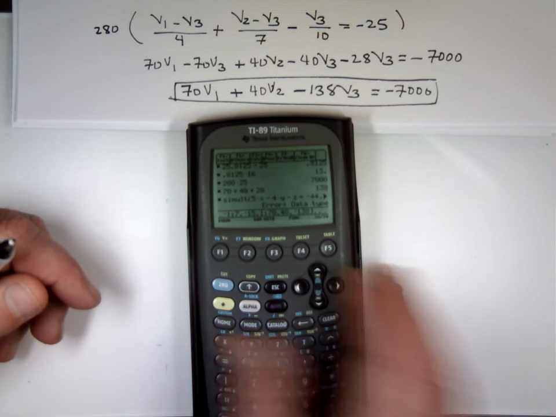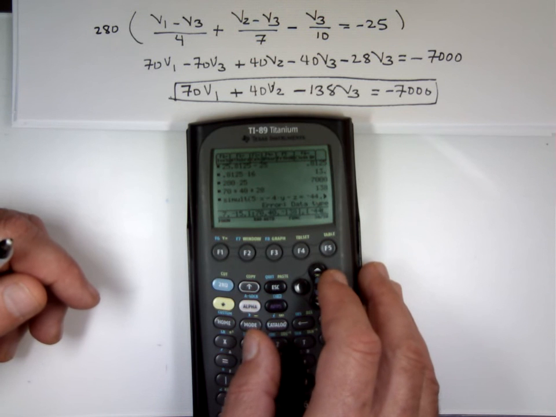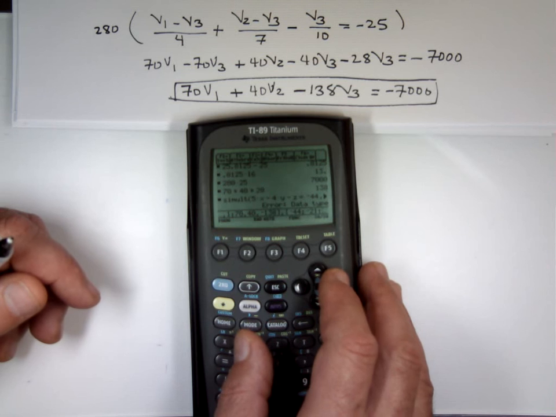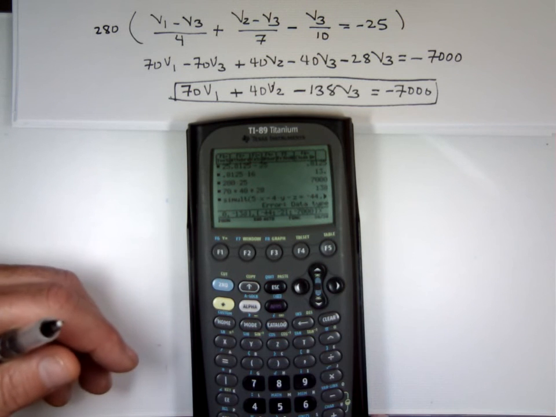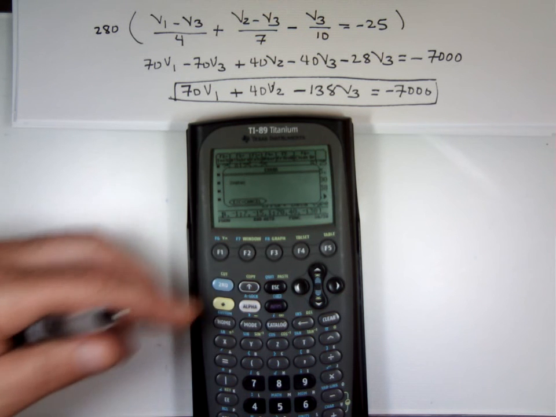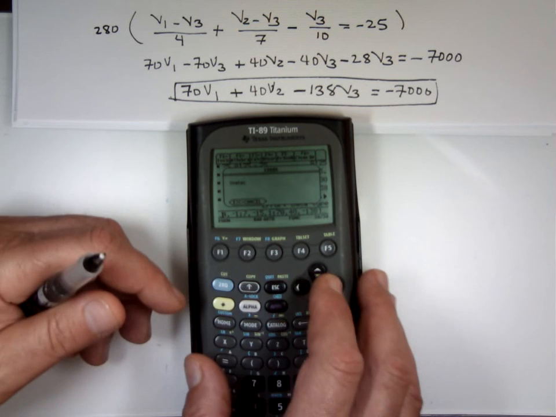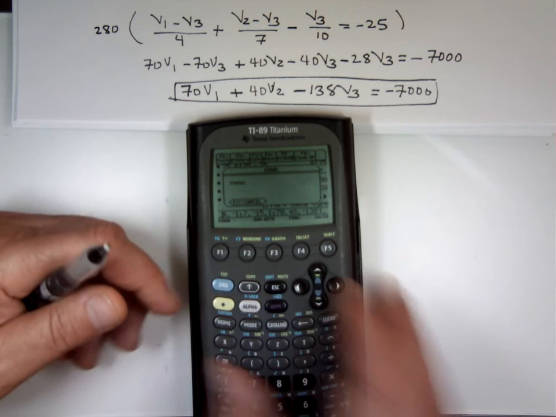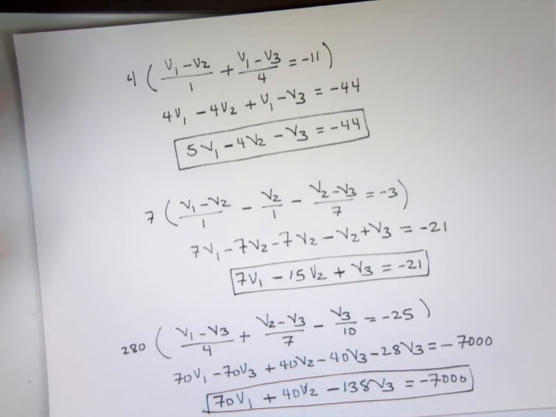Next one, negative 44, negative 21, negative 7,000, close that. Let's try it now. Am I supposed to hit shift after, or? No, you can just hit enter. And it worked for you? Yep. What'd you get for answers? So I probably typed something wrong. 12, 11. Okay, so I guess I must have typed something wrong.